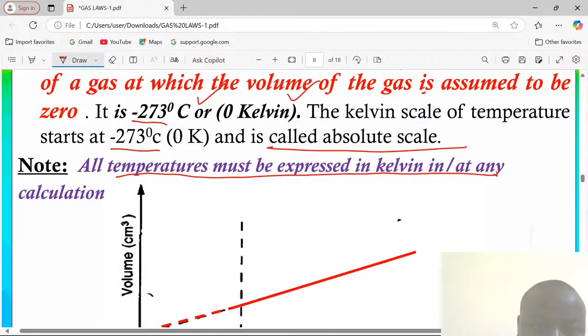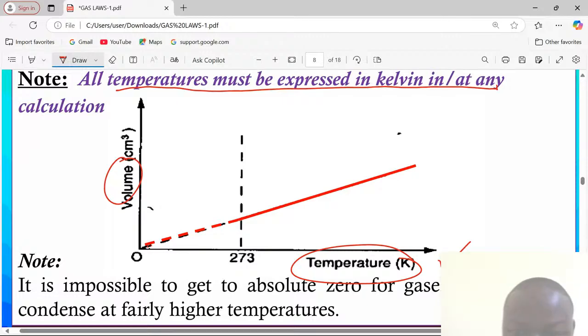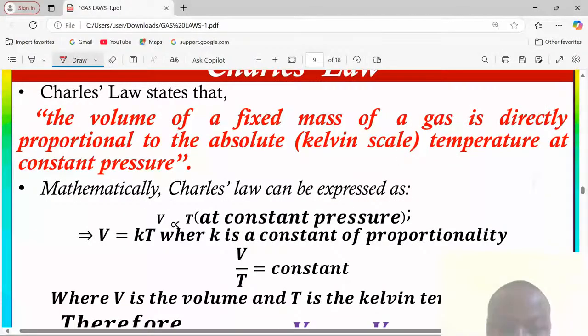Look at this now. Volume against temperature in Kelvin. This is the graph that we are going to get, showing that volume and temperature are directly proportional.